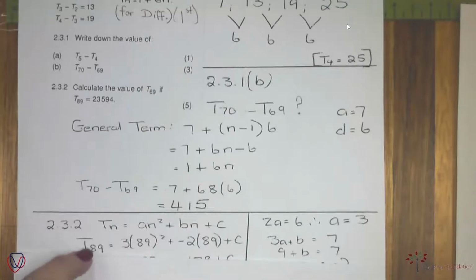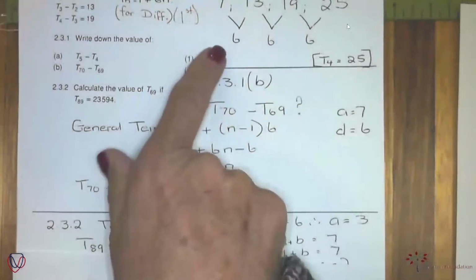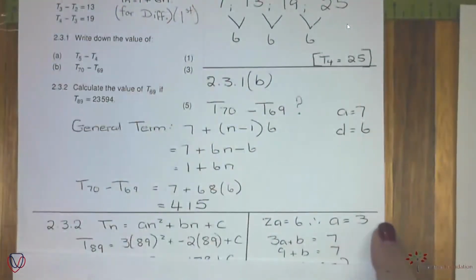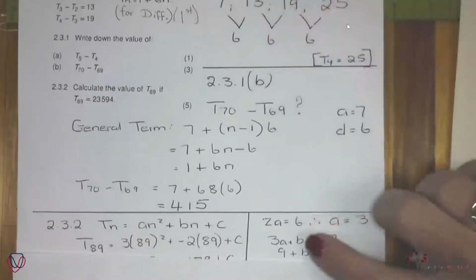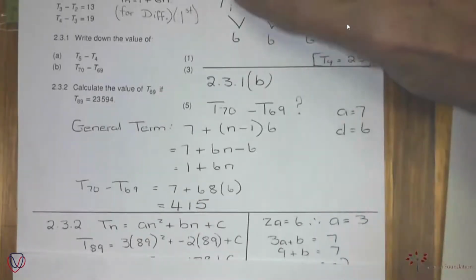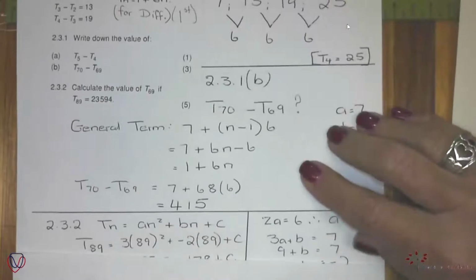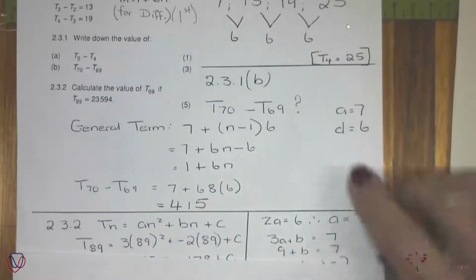I can say T89 is 3 for A, 89 squared. Where did I get the A from? I said 2A is 6. A is 3. I can also determine B by using that. 3A plus B is 7. So B is 9 plus B is 7.